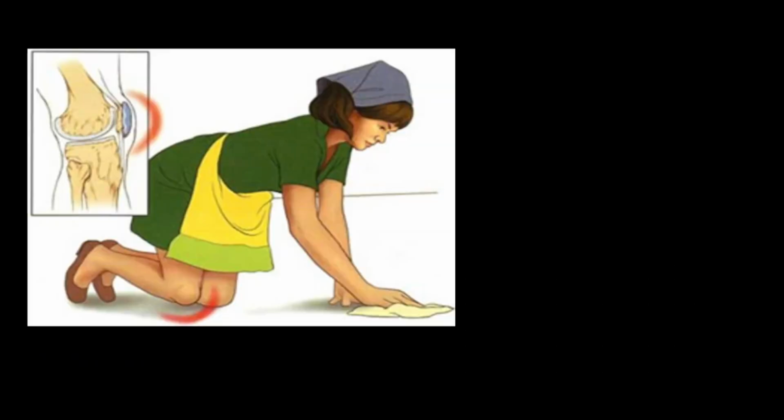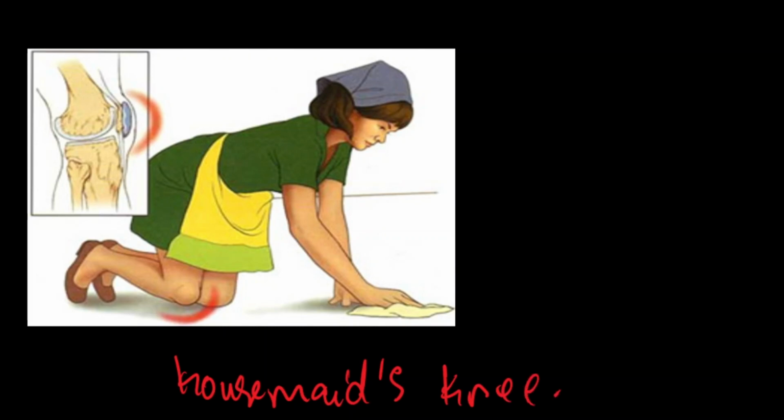As I stated earlier, prepatellar bursitis is sometimes called the housemaid's knee, because it's assumed that the housemaid would maintain this position and so could be affected by it. But generally, prepatellar bursitis could result from just falling on one's knee.